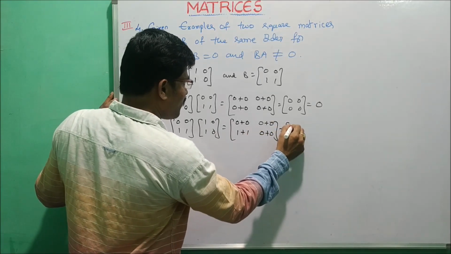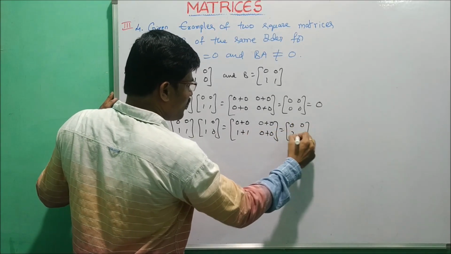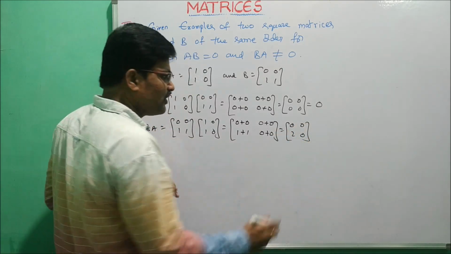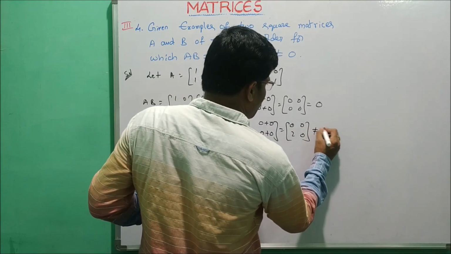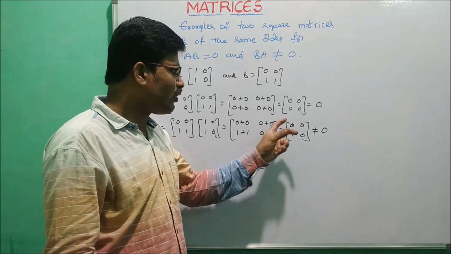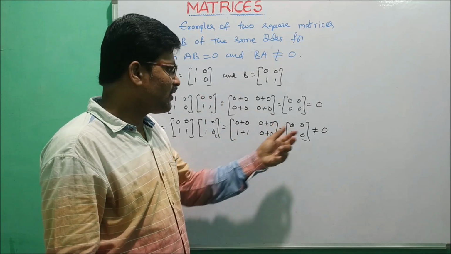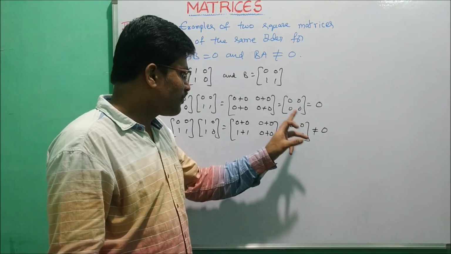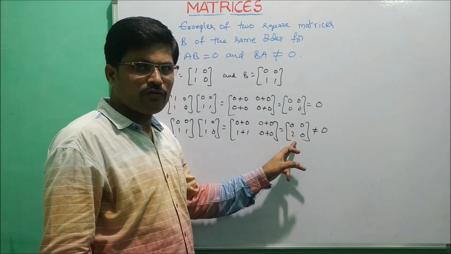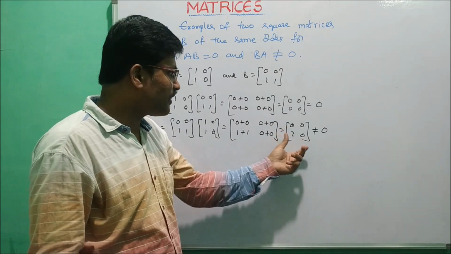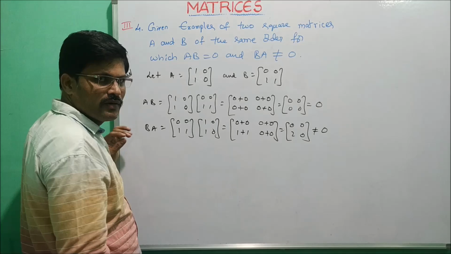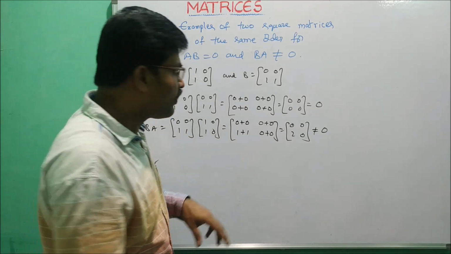Now clearly we observe that except 2, the remaining elements are 0; only 2 is not equal to 0. Therefore this is not equal to the null matrix. A null matrix means all entries in the matrix are zeros. So in the matrix product BA, the entry 2 is there, and 2 is not equal to 0. Therefore that is not equal to O. So A and B are two examples. This is one type of example.